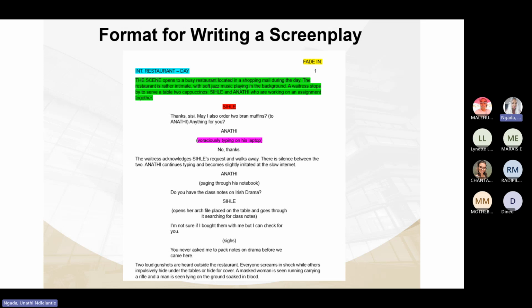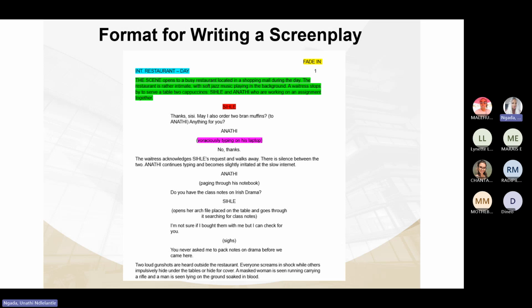Now, with the screenplay, you're actually omitting this. You're not describing the scene in italics. You're just writing it like how you would write a normal paragraph, except if you are mentioning characters that are in the scene, the names of the characters must be written in capital letters.